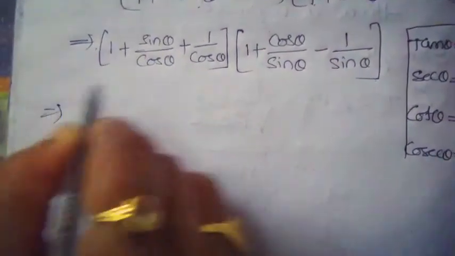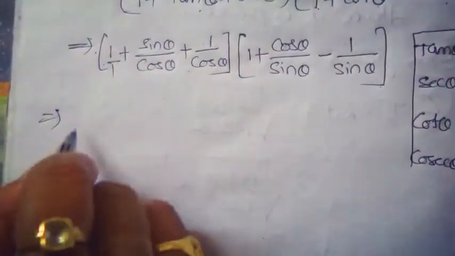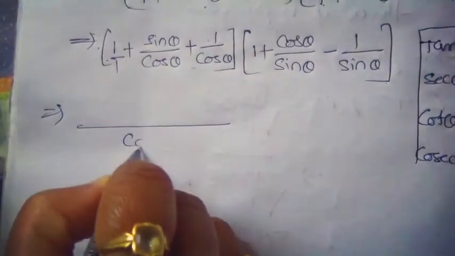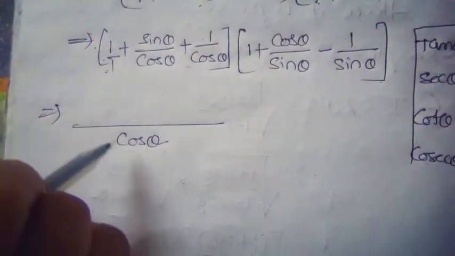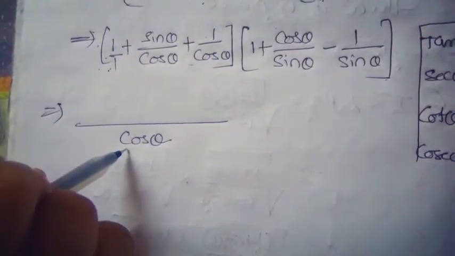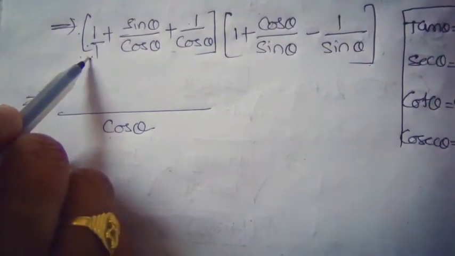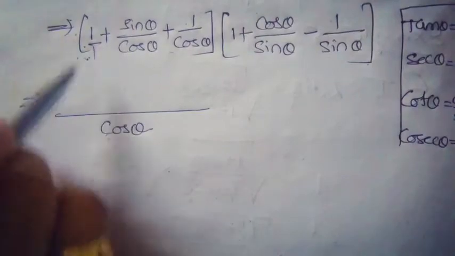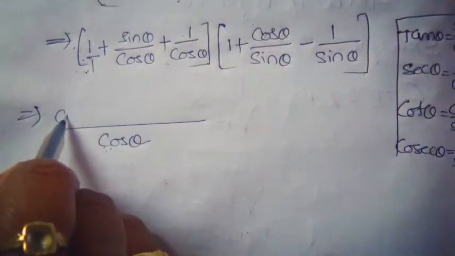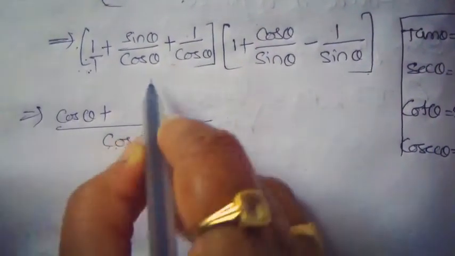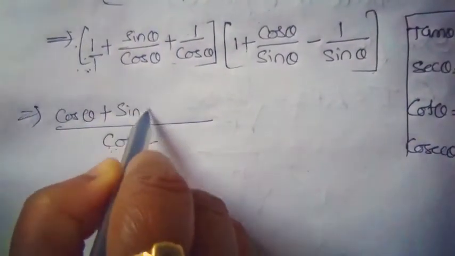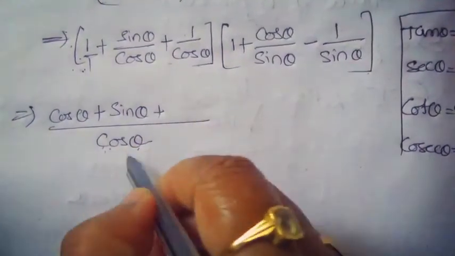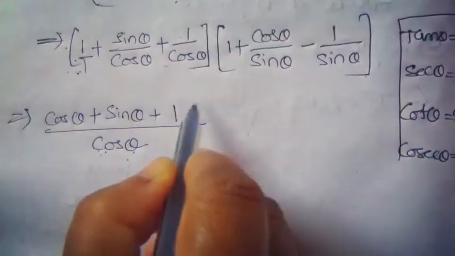Now just take the LCM. For the first one, 1 is there with no cos theta in the denominator, hence I am taking cos theta into 1, cos theta, plus sin theta, which already has cos theta in the denominator, plus 1.